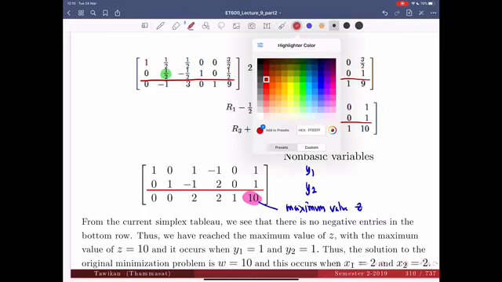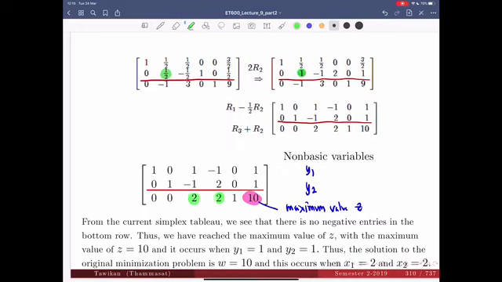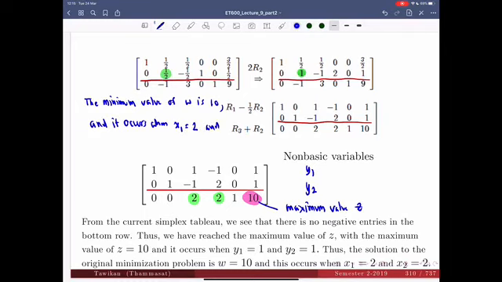I'm going to highlight those and put in a summary saying that the minimum value of w is 10, and it occurs when x1 is 2 and x2 is 2.